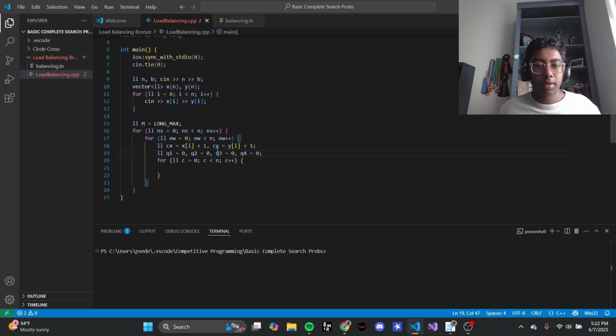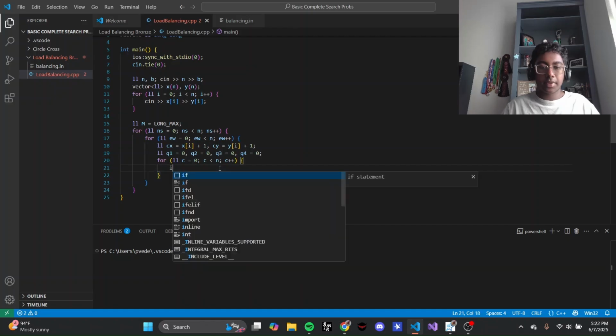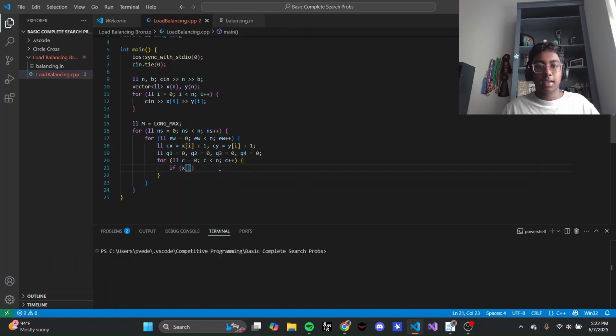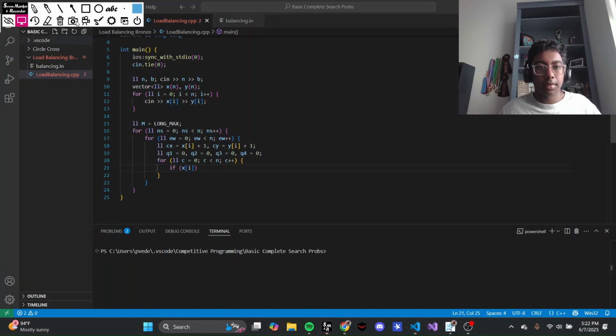And then what you're gonna do is, let's say, if x of I, so here, this is how I'm gonna split my quadrants. I'm gonna have this be quadrant 1, have this be quadrant 2, quadrant 3, quadrant 4.